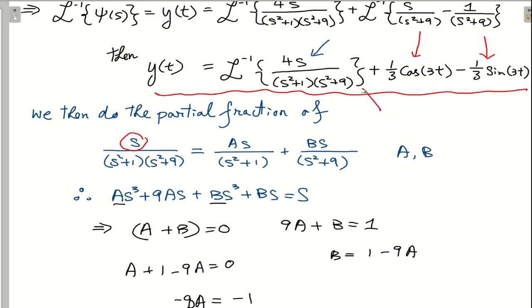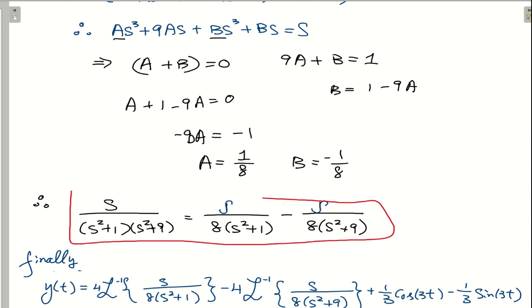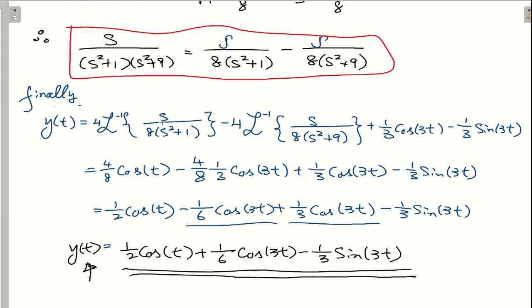So if we want to solve the inverse Laplace transform of this, we have to do the partial fraction. After we have done the partial fraction, we got this. And after this, we finally substitute into the y(t). We got y(t) is equal to half cosine t plus 1/2 cosine 3t minus 1/3 sine 3t.